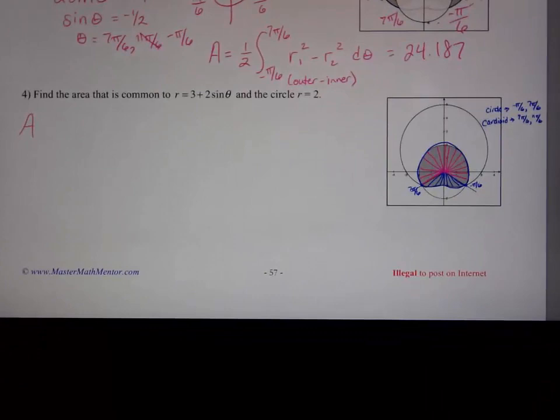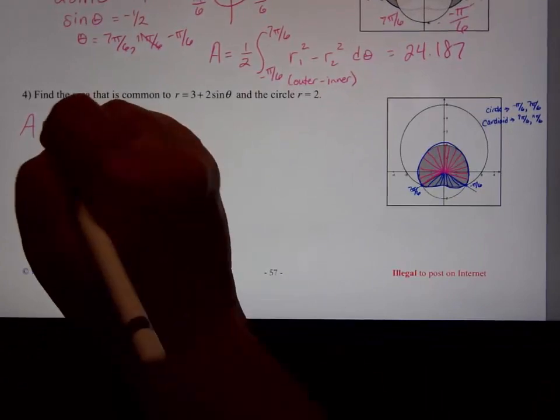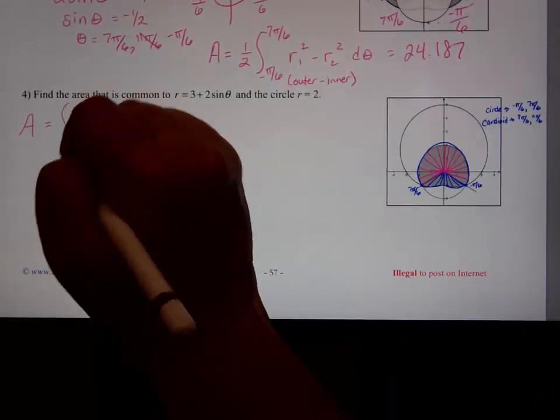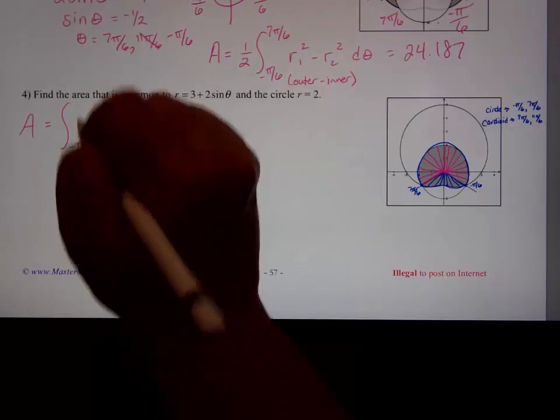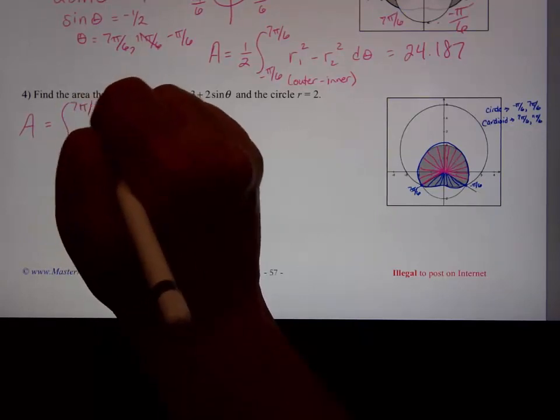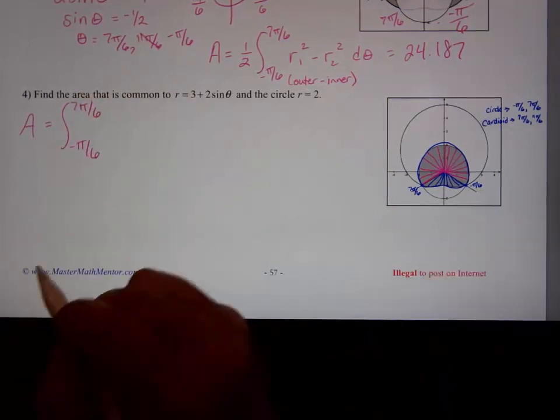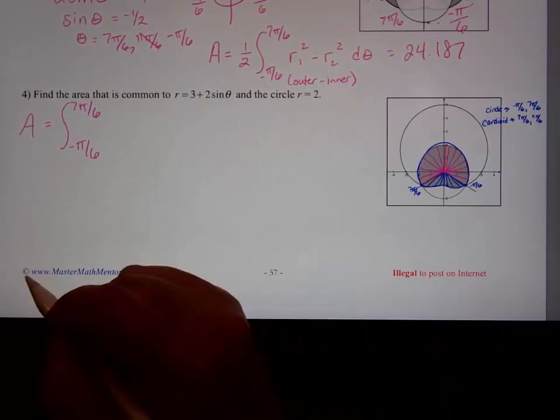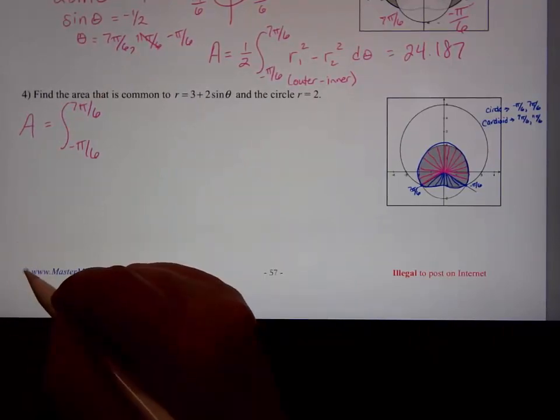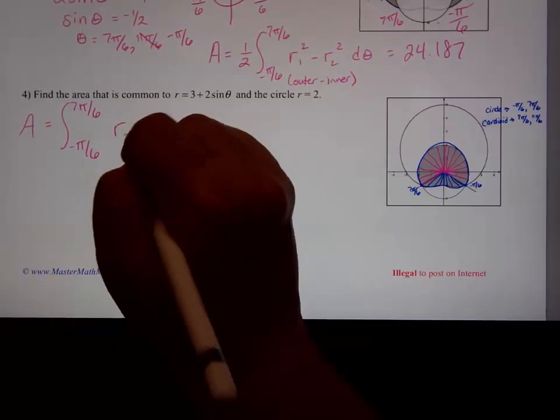Okay, so we're going to do from negative pi over 6 to 7 pi over 6, the circle's equation. Which one is the circle's equation? R2. R2 squared d theta.